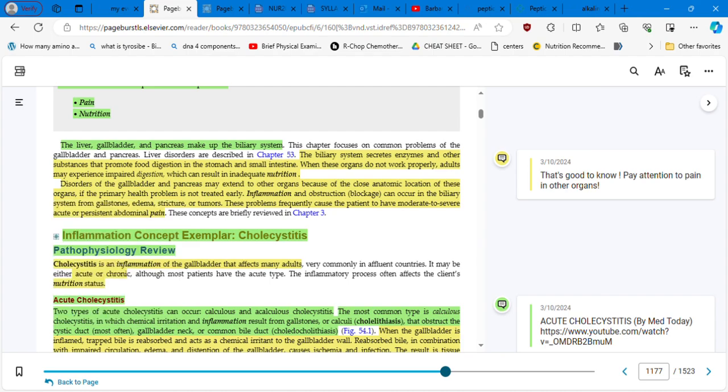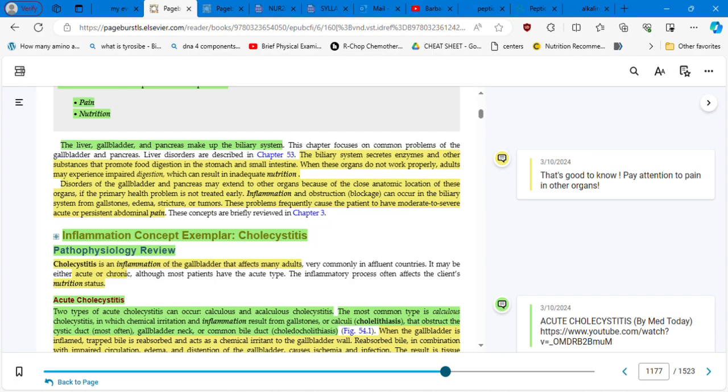The first thing that we need to pay attention to is that the liver, gallbladder, and pancreas make up the biliary system. So the three of them, the liver, the gallbladder, which is the little pouch under the liver, and the pancreas make up the biliary system.